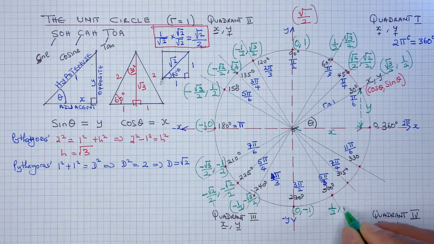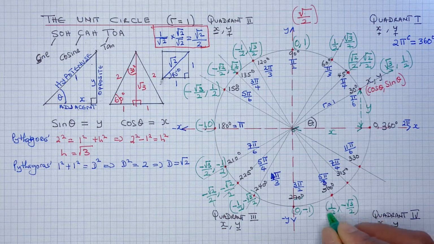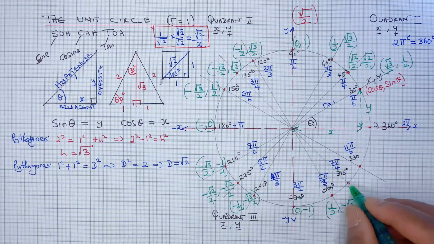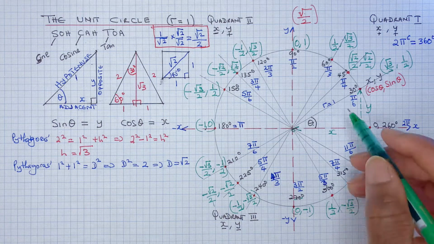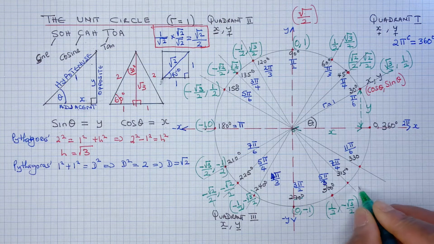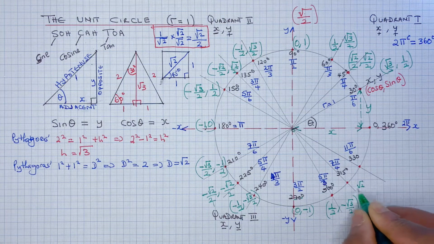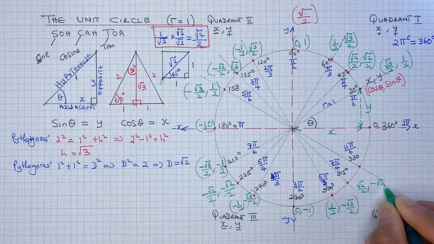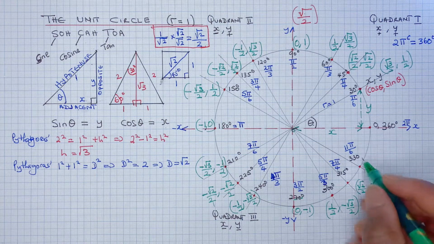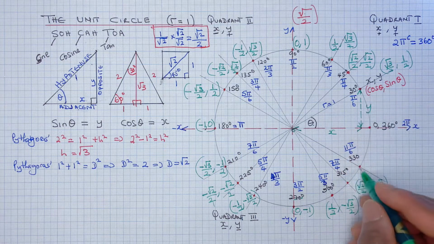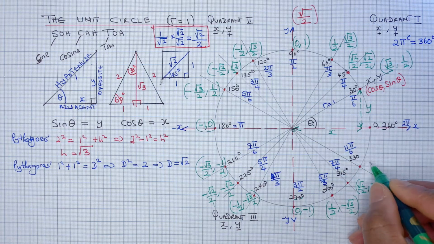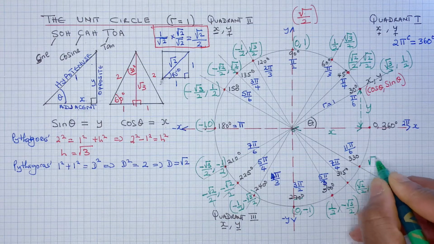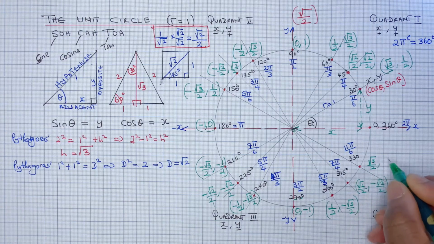But the Y is going to be negative, so minus root 3 over 2. 315 and 45 aligned, so root 2 over 2, minus root 2 over 2. Then 330 aligned, so you're going to get root 3 over 2 and minus a half.